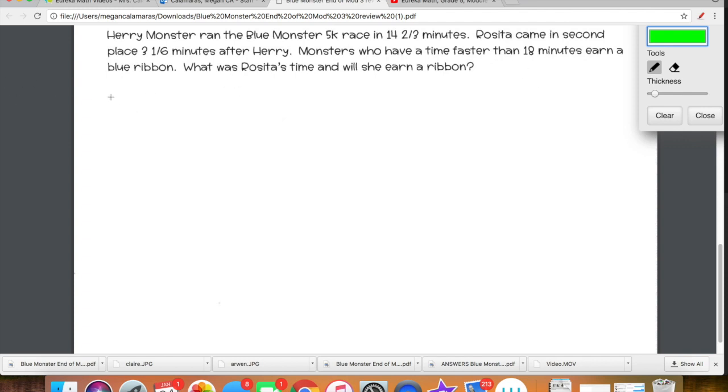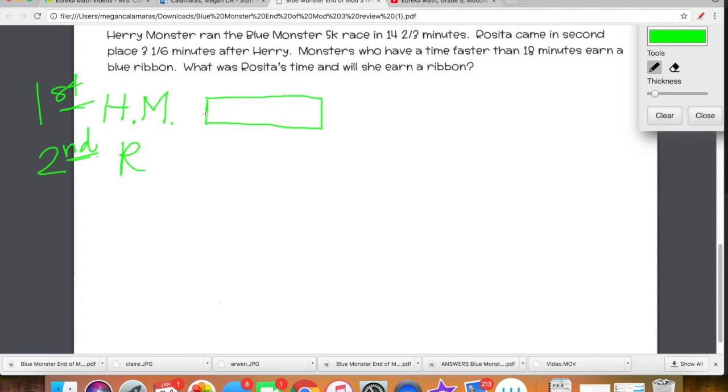We are going to think about how we can organize the information that we're given. Harry Monster, first place. Woohoo! Rosita, second place. Woohoo! You guys know, just in your background knowledge of life, that when someone comes in first place, it means that their time was the shortest. So he finished in first place with 14 and 2/3 of a minute.